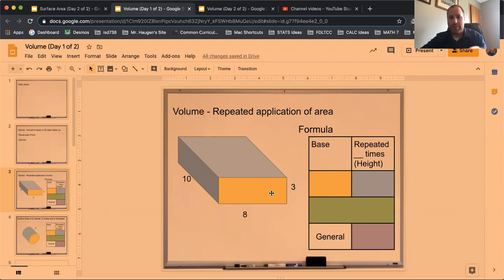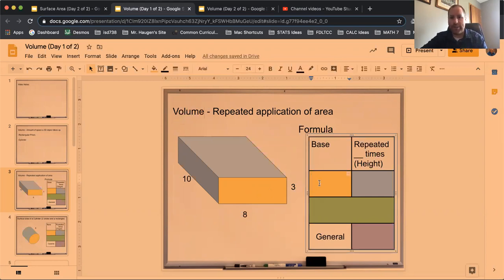Now the base could be on the bottom if you wanted, but here this is just 8 times 3. That's what this base is. It's equal to 24 in this case. But we could repeatedly put this area in here and it would create the volume. You guys would know we take 8 times 3 times 10. That's what we get for the whole thing.